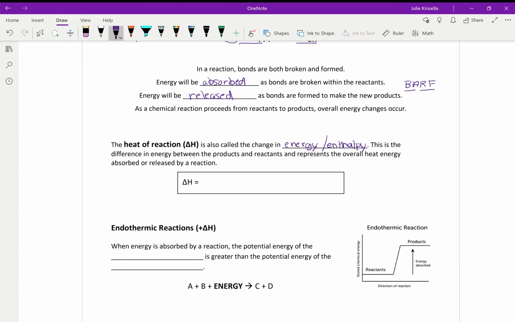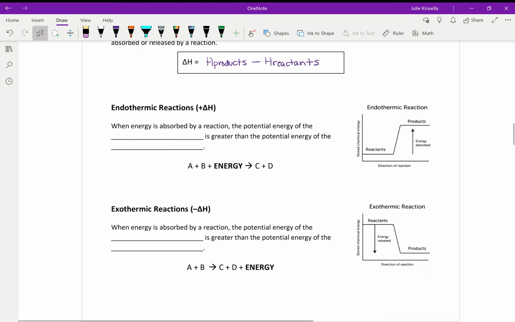Delta H is always going to be the energy of our products minus the energy of our reactants. There are a lot of other delta H calculations that you would do at different levels of chemistry. We're just going to focus on this idea of products minus reactants to figure out if we have an endothermic or exothermic reaction. So the two types we're going to talk about are endothermic and exothermic.